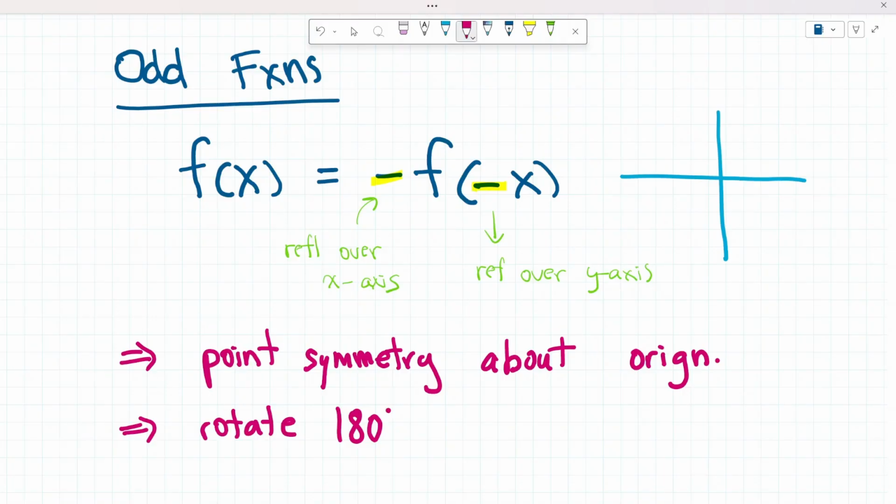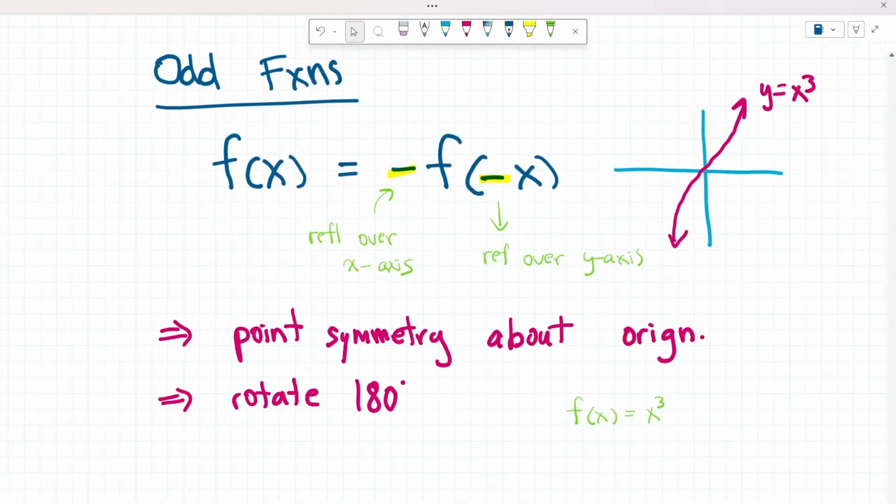If we look at the basic function, we have y equals x cubed. Algebraically, let's prove this. So we've got f of x equals x cubed. And then now let's look at what is negative f of negative x. So then we've got negative in the front and then negative within the brackets cubed.